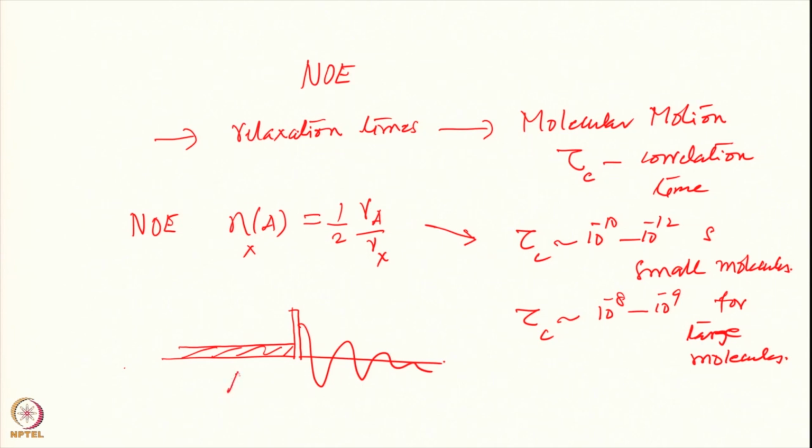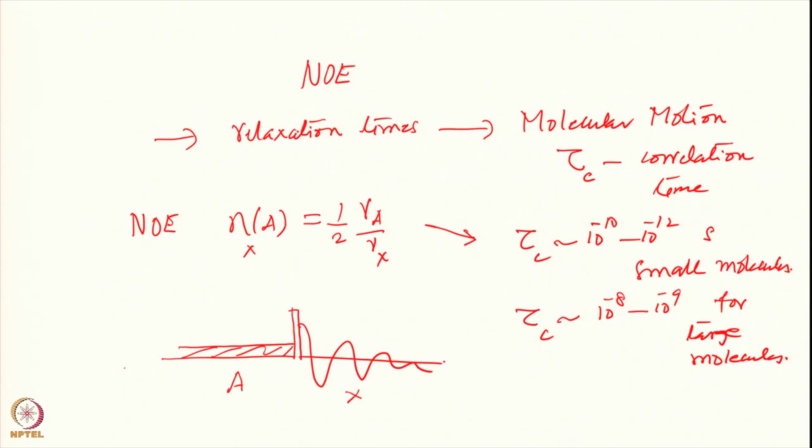Let us say I do it for the spin A, and I monitor the spin X. When I perturb, I monitor the intensity, and without the perturbation I monitor the intensity, and then I take the ratio, I get the NOE. By calculations one can show that this is proportional to half gamma A by gamma X.